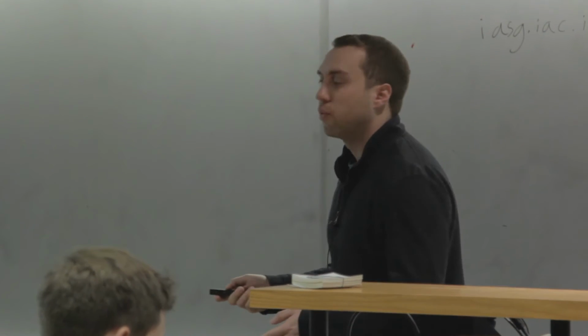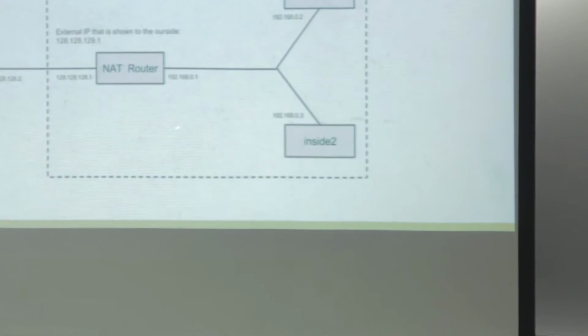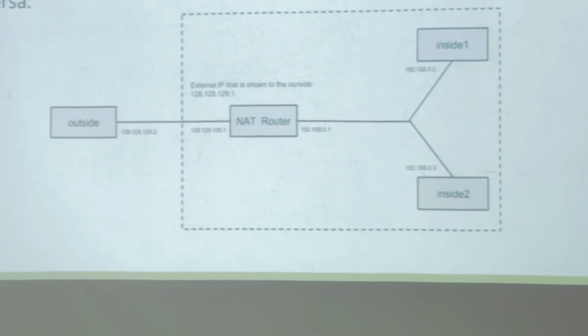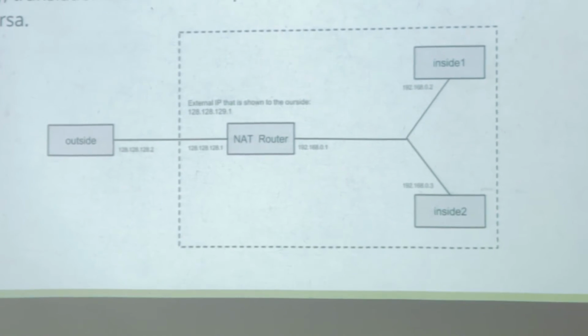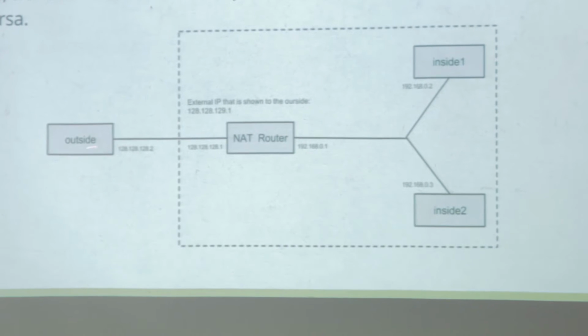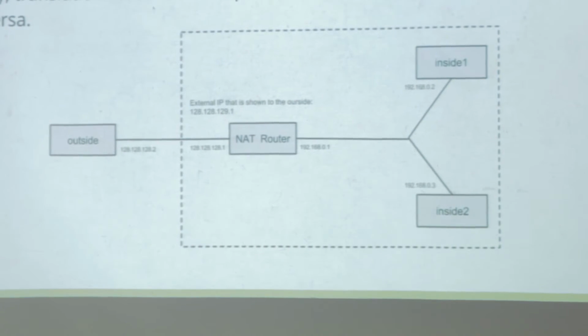When you send out a request to the internet, your router looks at that request and stamps on its own IP address. So instead of having a source address of 192.168.0.3 or whatever you're coming from, it replaces that with its own IP address of 128.128.128.1. When it gets to Google.com, Google.com will see 128.128.128.1 and not your internal address.